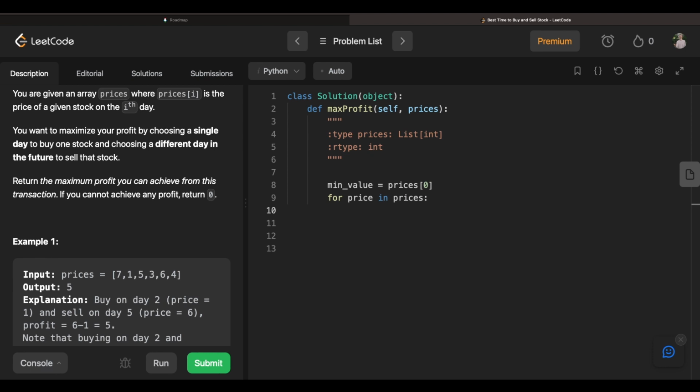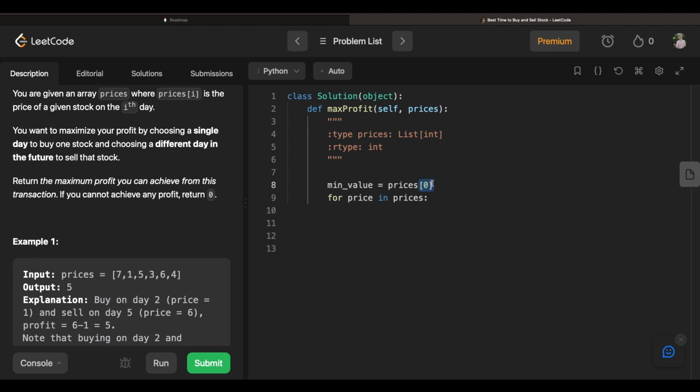And the first thing we're going to want to do, like I talked about on the whiteboard there, is see if the value we come to next is less than the value that we're currently at. So basically, do we want to update this min value or not?